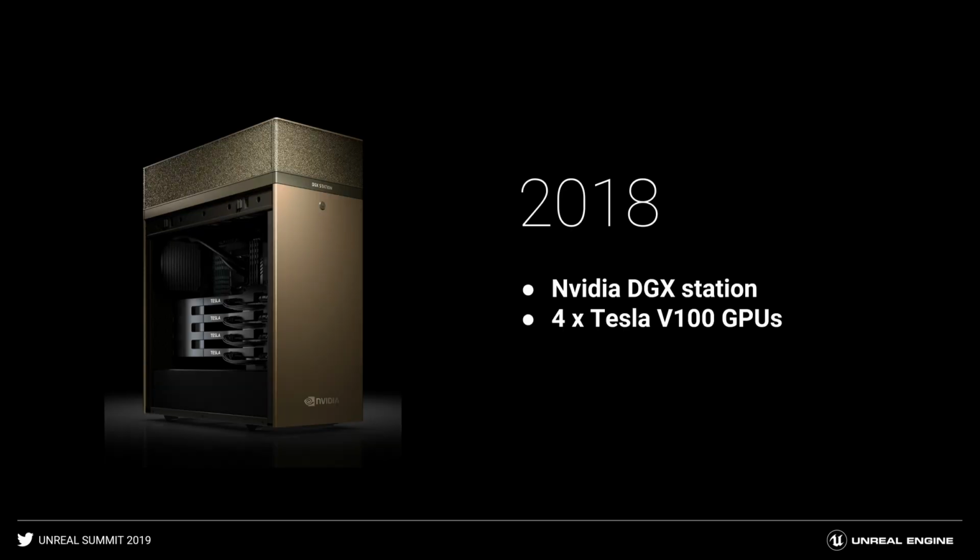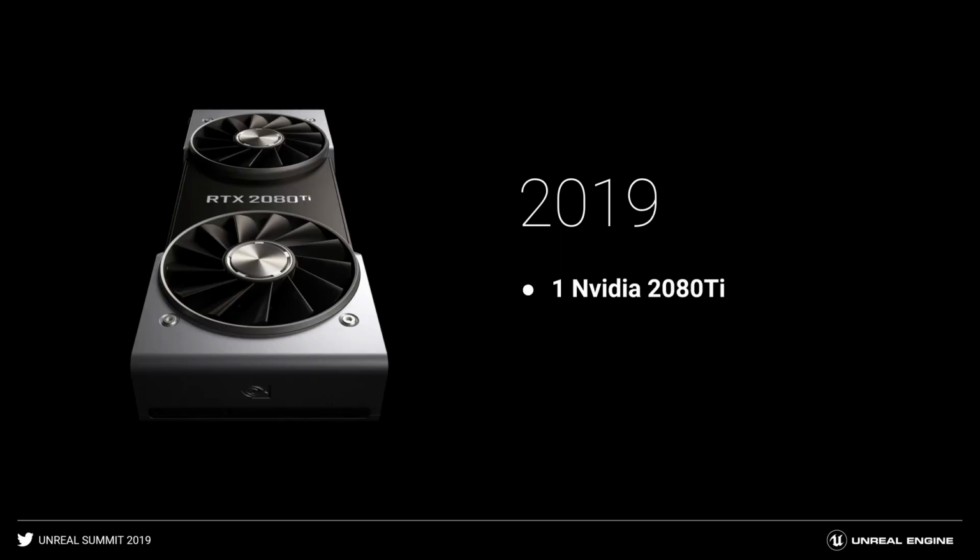And speaking about hardware, let's talk a little bit. The Reflections demo was done with an NVIDIA DGX station that had 4 Tesla V100 GPUs running in a multi-GPU configuration. This machine cost somewhere between $50,000 and $70,000 US. So this year it was really important to us to make sure that we could run it on a single consumer grade card, and we succeeded.